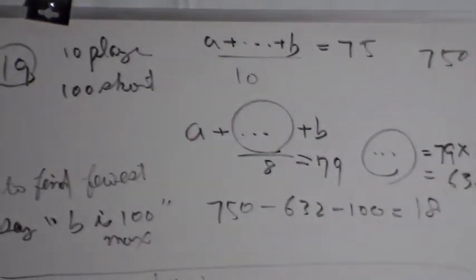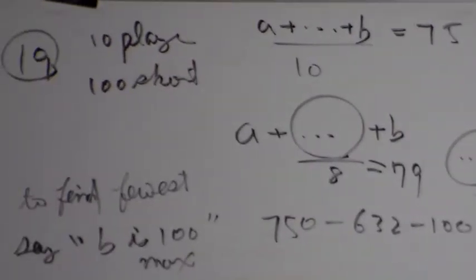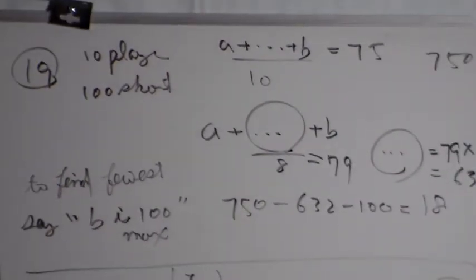Okay. Next one is, okay, basketball shooting, free throws. So 10 players have 100 free throws, 100 shots. So their average is 75, they say. Okay.